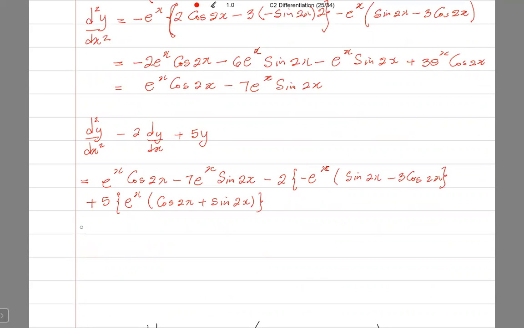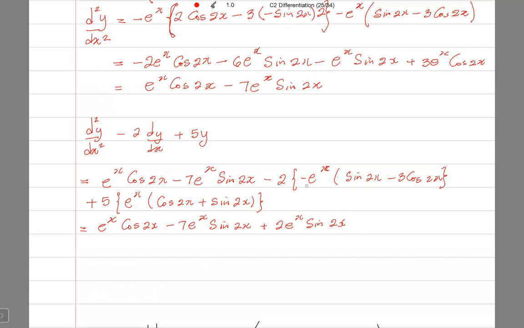All right, so let us simplify. We have e to the x cosine of 2x minus 7 e to the x sine 2x. A negative times a negative gives me a positive, plus 2 e to the x sine 2x. All right, there's actually three negatives here, so I have to be careful.